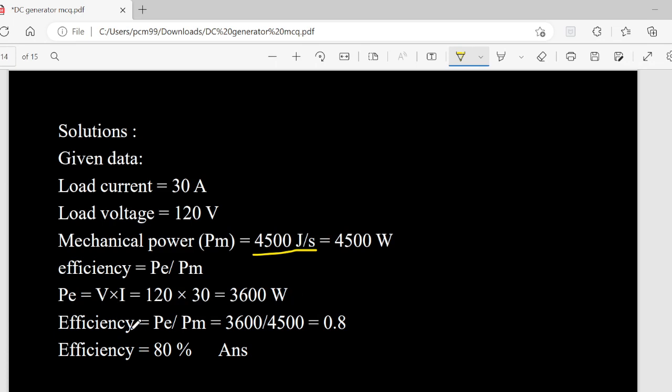Then efficiency equal to electrical power upon mechanical power into 100. So electrical power is 3600 upon 4500. Double zero cancel out, and you will get 0.8. After multiplying 100 into 0.8, you will get 80%. The correct answer is 80%.